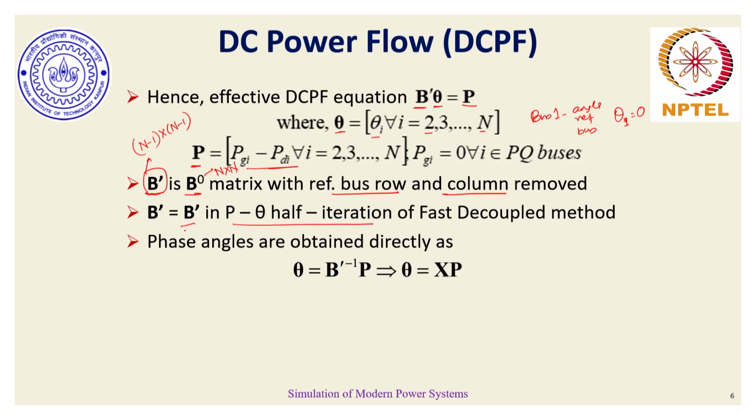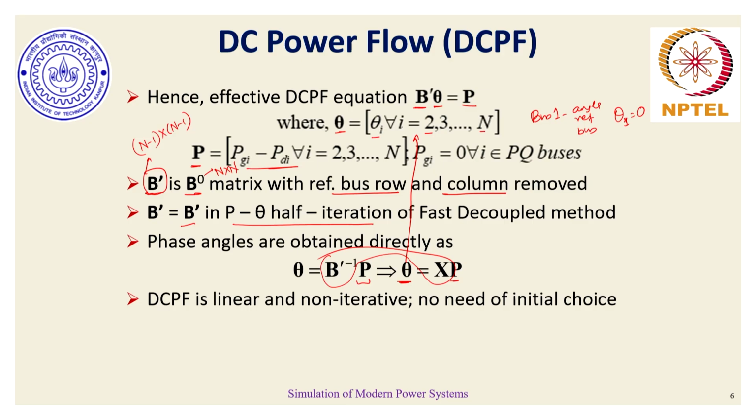Once B dash is known for known real power injections, B dash is now a full matrix and its inverse is possible. We denote that inverse to be X, and once we know real power injections at every bus except for bus number 1, we can then find all phase angles. Since this is a one-step equation, the DC model is a linear model, a linear technique.